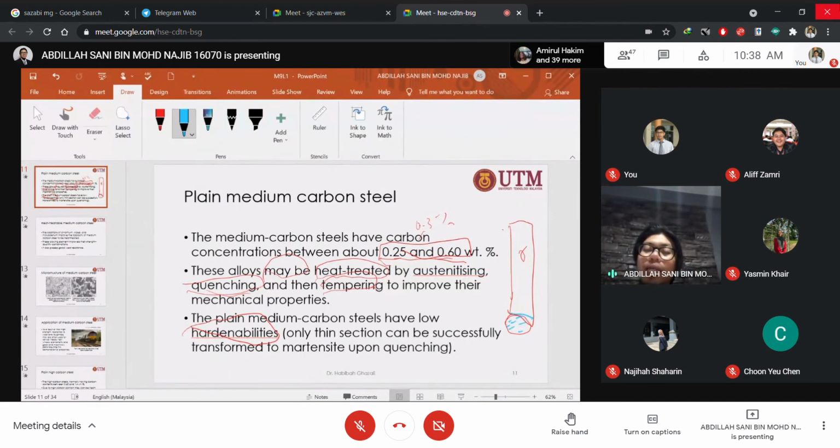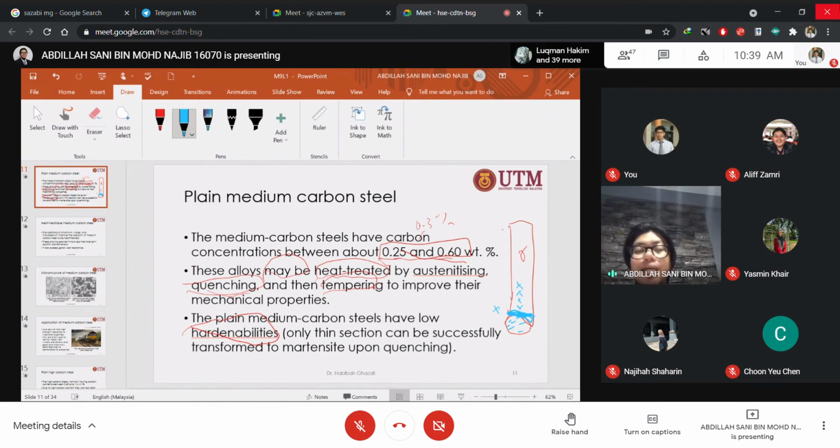So that end experiences fast cooling, so it transforms to martensite. Because the carbon is little, for hardenability, you check the hardness along the bar, and then you get how deep it can be hardened.